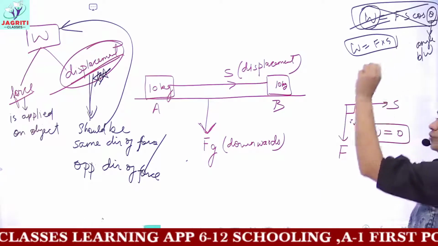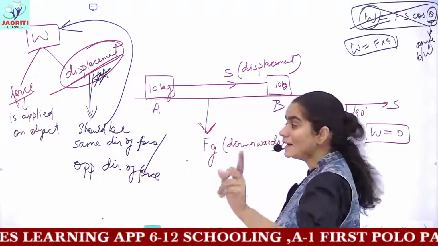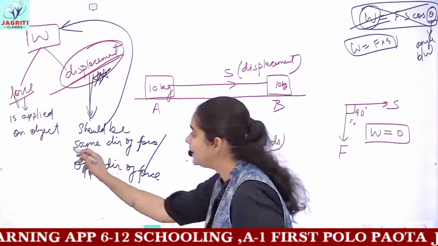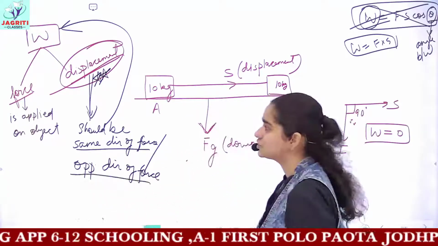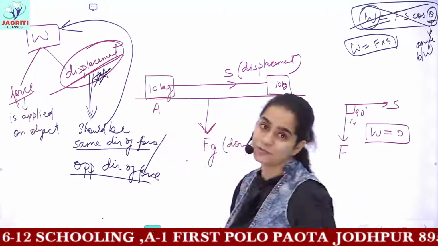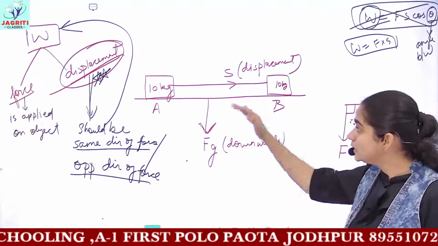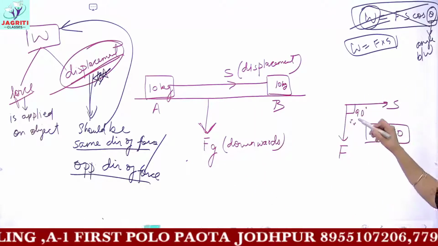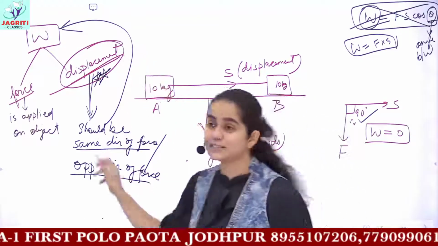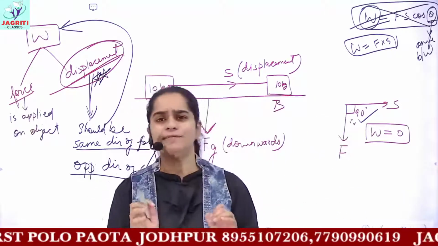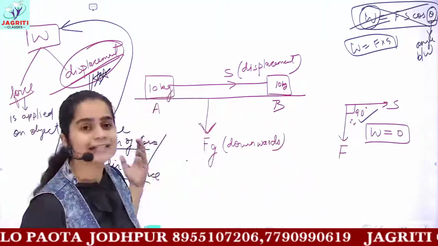So you can understand the concept here: if the object is moving in the direction of force or in the opposite direction, then only will you say work is being done. And if you solve the questions according to the angle given or according to this concept which I told you, then you would definitely get the correct answers.